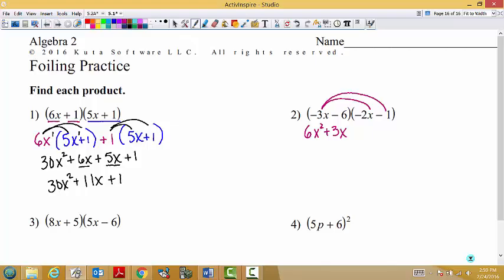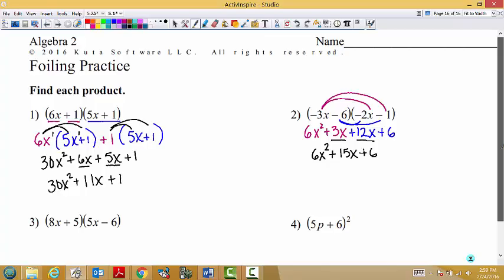And then you can go back and pick up, you've got to multiply the negative 6 times the 2x. That's going to be a positive 12x. And then negative 6 times negative 1 is a positive 6. And then you combine your like terms. The 3x and the 12x go together. So I bring down my 6x squared. 3 plus 12 is 15, and then plus 6.